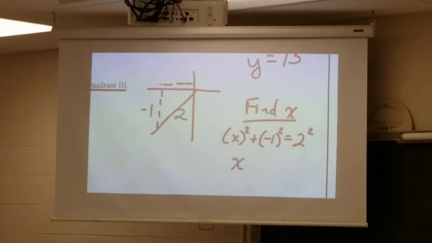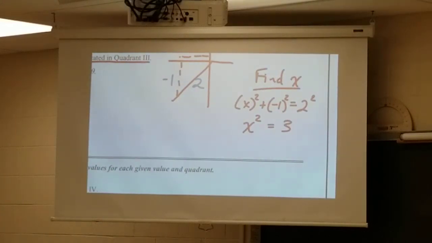You should be getting x squared equaling 3, which means that x will equal the square root of 3.